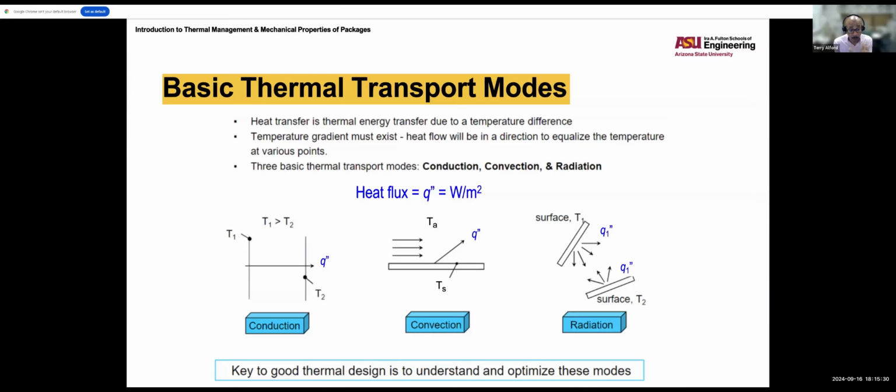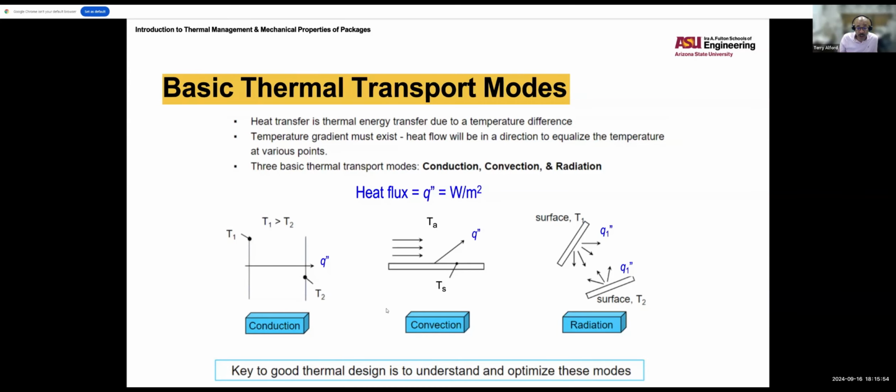Those lattice vibrations, referred to as phonons, are transporting the energy down. So in the solid, phonons are responsible for the conduction.